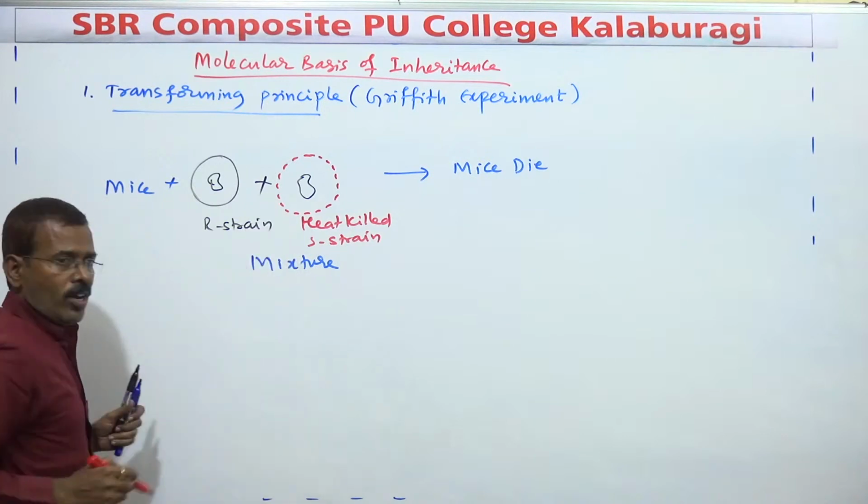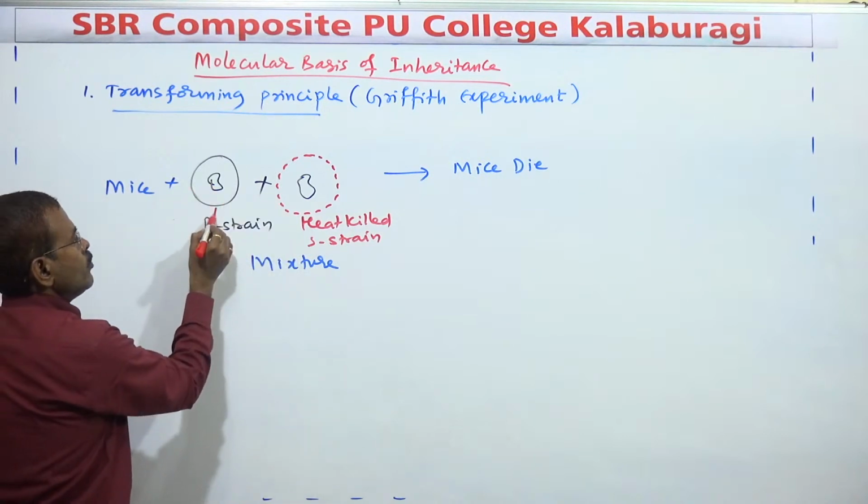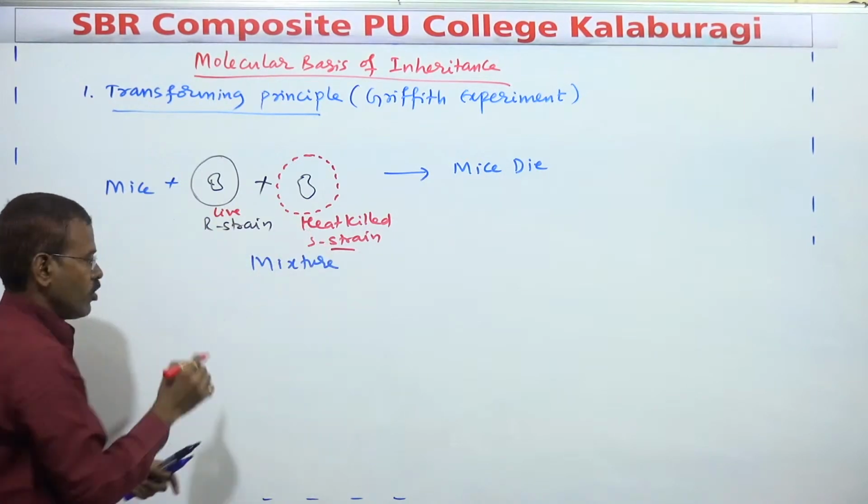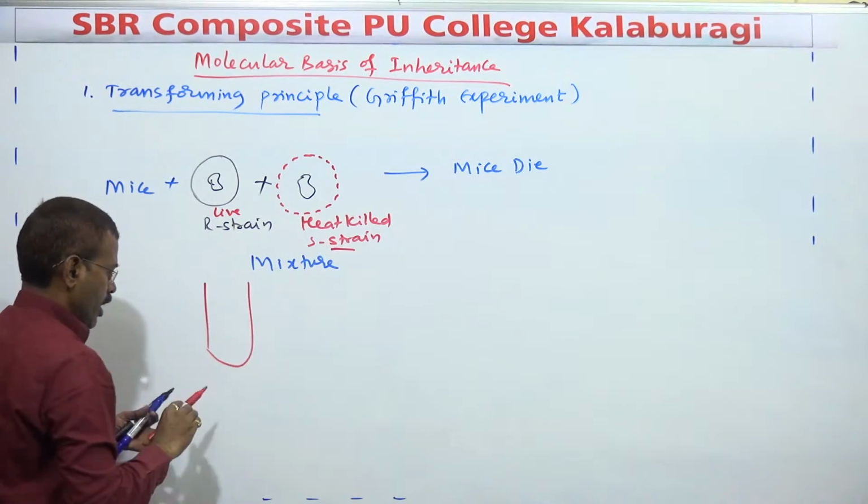So what happens here when live R strain and heat killed smooth strain bacteria are mixed together in a culture tube?